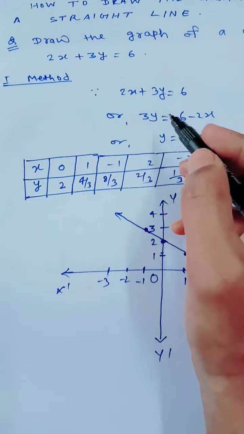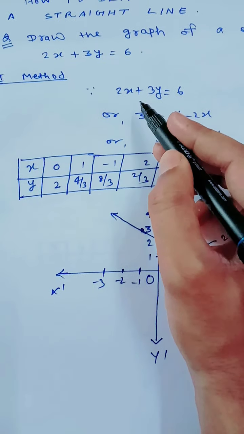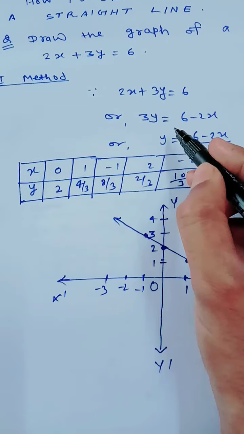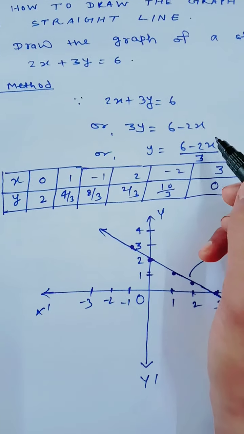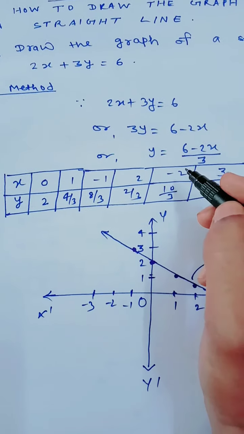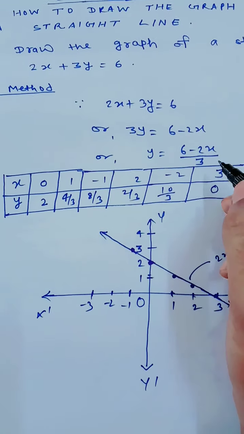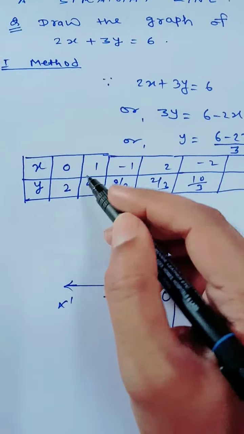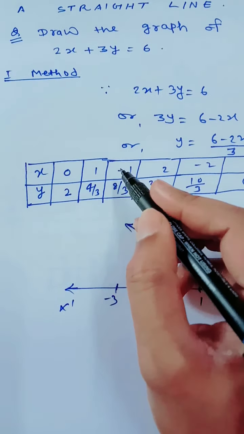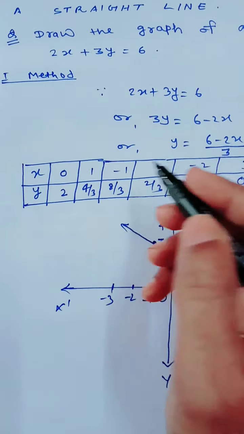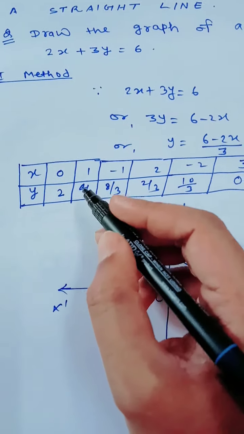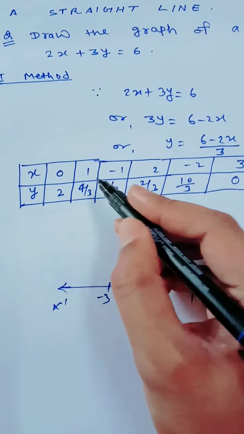First method: since 2x plus 3y equal to 6, we can write 3y equal to 6 minus 2x, or y equals (6 minus 2x) upon 3. We have randomly taken some values of x and calculated the corresponding value of y.